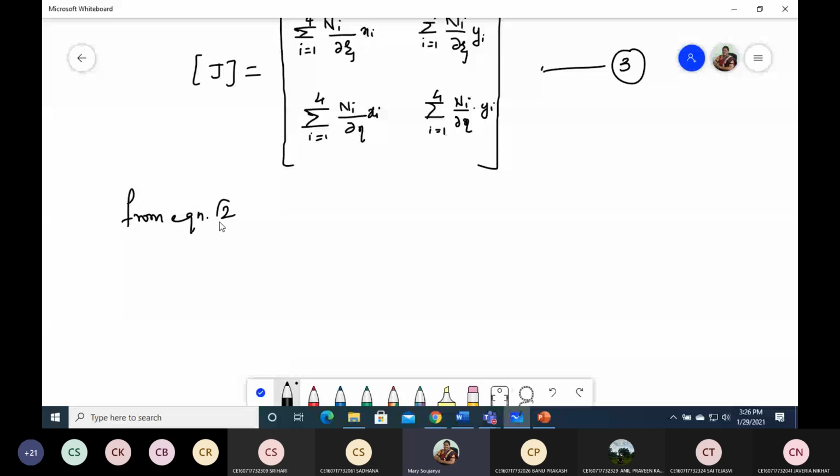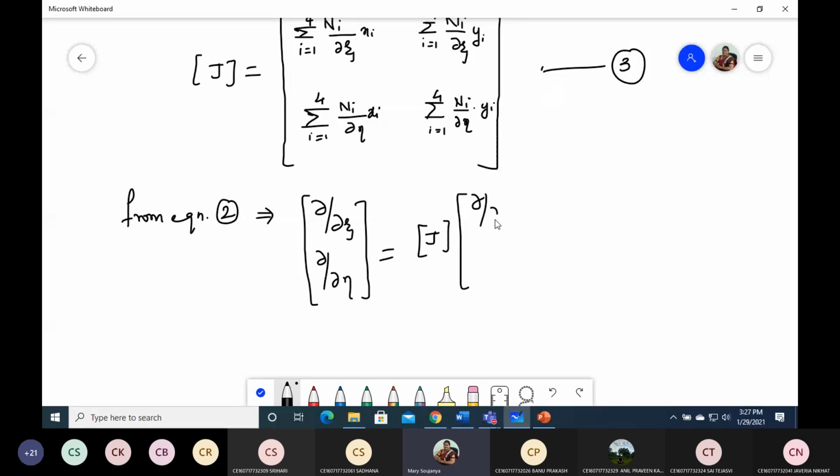Dou by dou xi, dou by dou eta is equal to the Jacobian matrix into dou by dou x, dou by dou y.